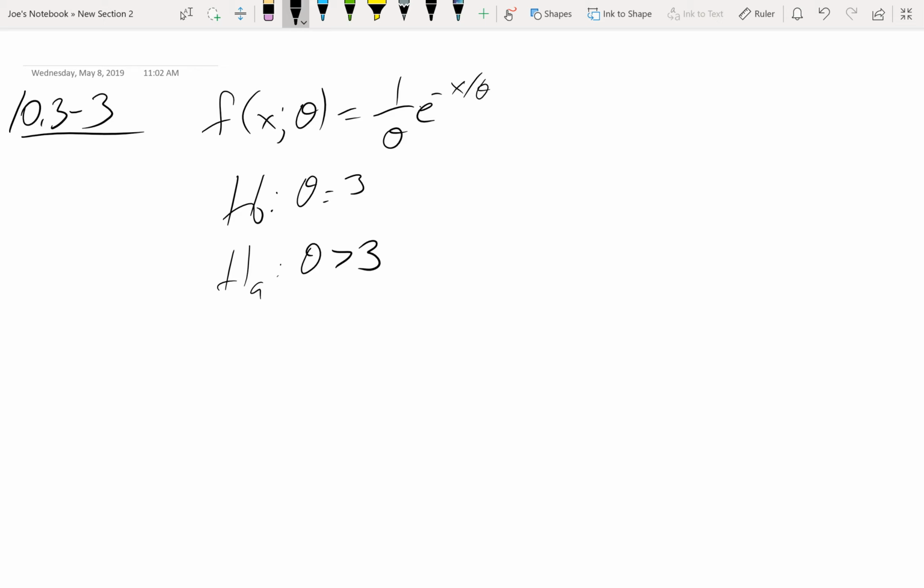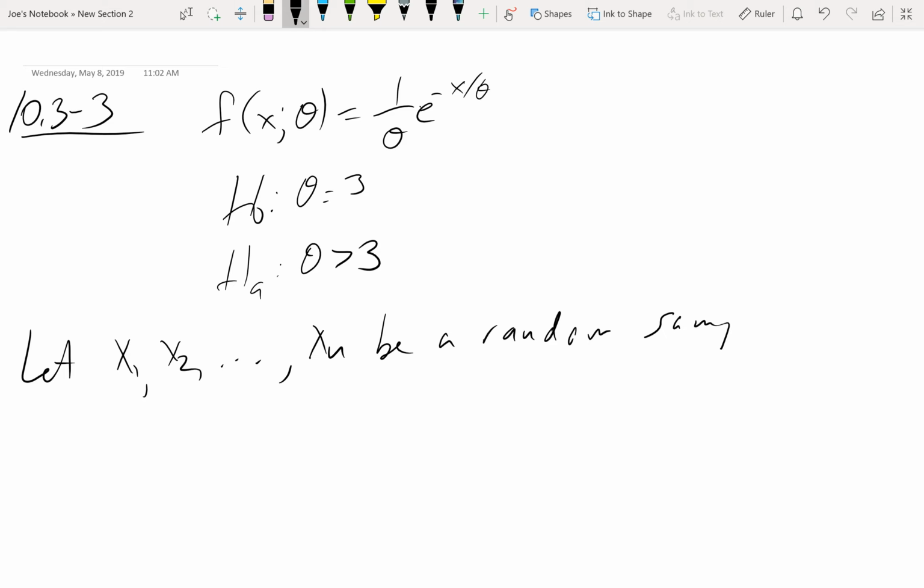We agree? Okay. So we'll take our random sample. Let x1, x2, on to xn be a random sample. Then for our likelihood ratio, we want to calculate the likelihood at 3 versus the likelihood at any other value, I'll call it theta hat, just, let's not call it theta hat because we use that for estimators.